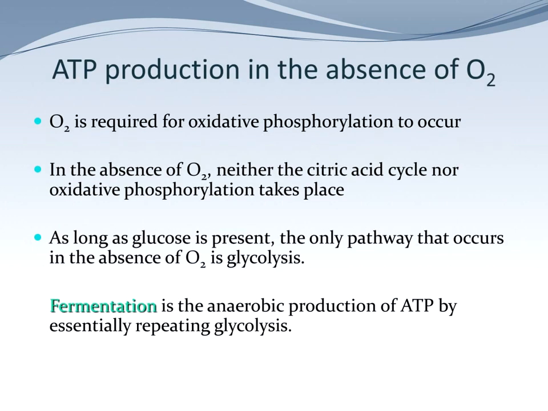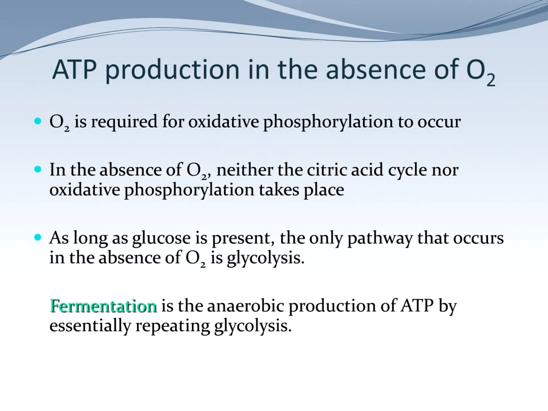Recall that oxygen gas is one of the molecules required for cellular respiration to occur. It is the last member of the electron transport chain that is part of oxidative phosphorylation. If glucose is available but oxygen gas is absent, neither the citric acid cycle nor oxidative phosphorylation will take place at all.